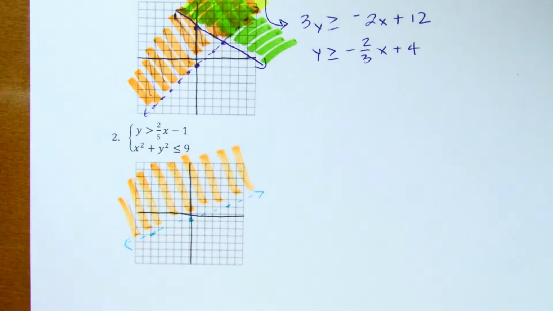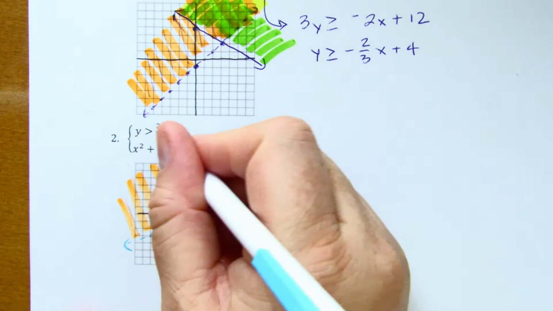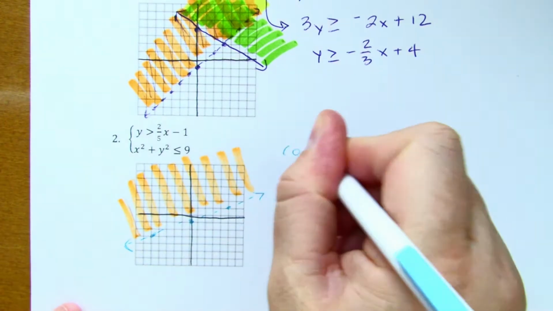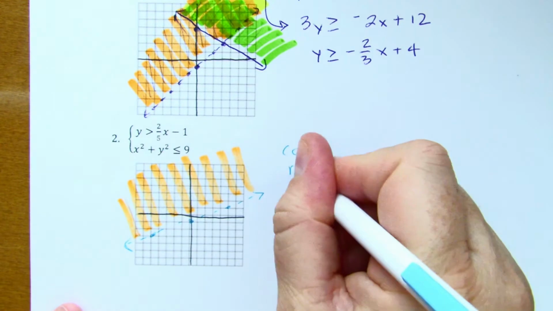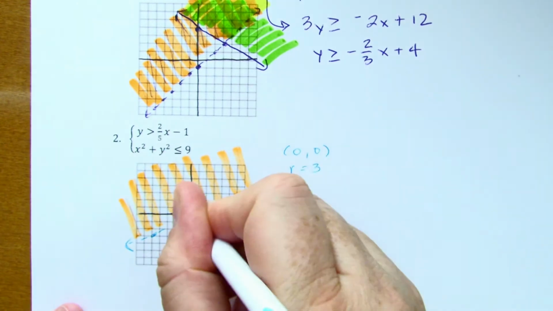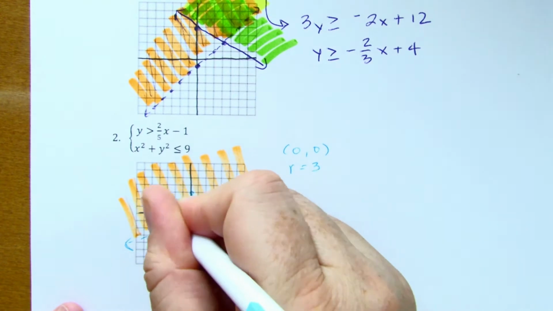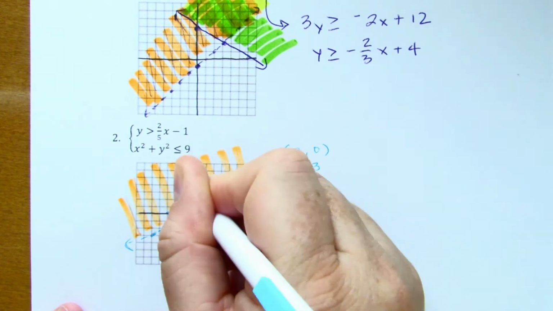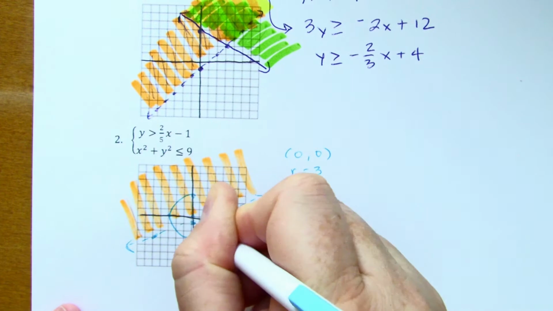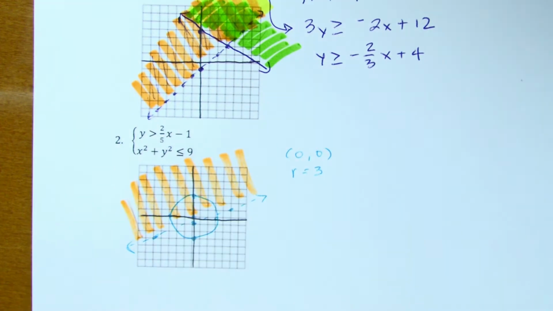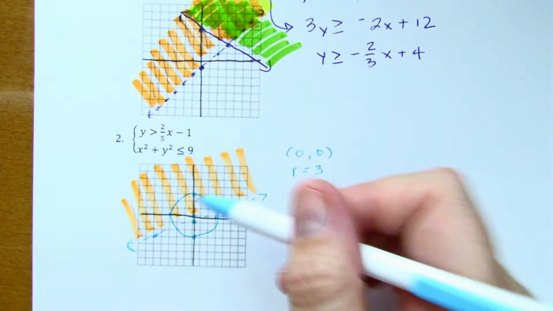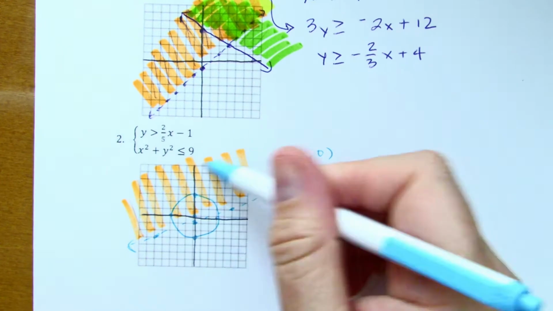And then I have a circle. So this circle, the center is at 0, 0, and then my radius is 3. So center at 0, 0, and I'm going out 3 in each direction, and this is a solid line, so I can graph a solid circle line. And the way we tell where we're shading, it's either inside the circle or outside the circle.